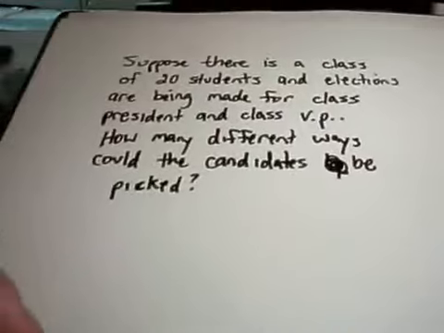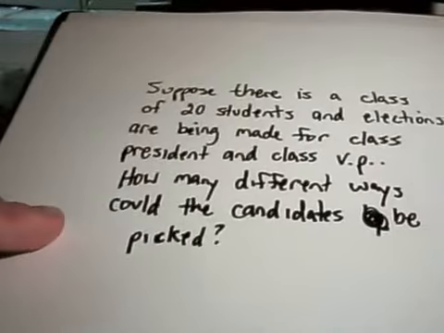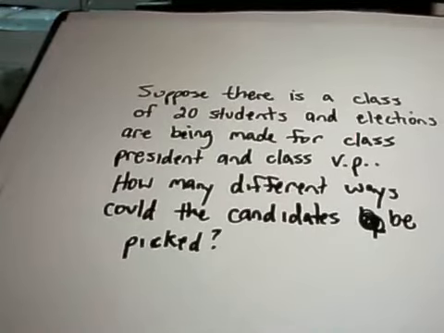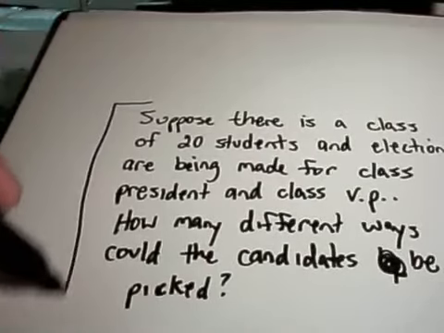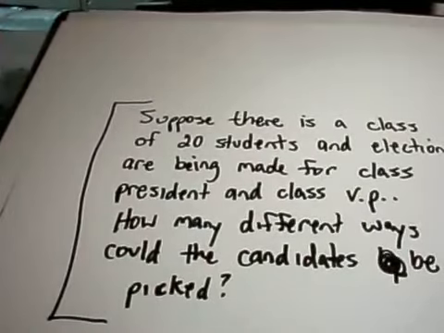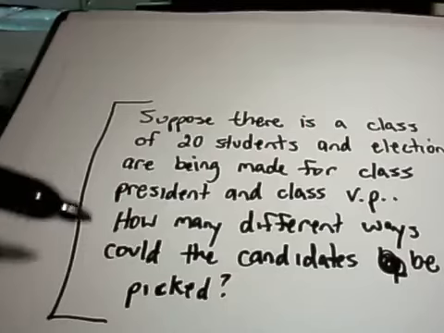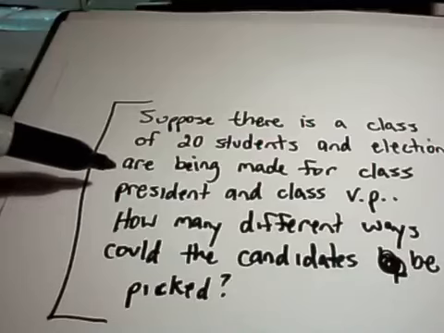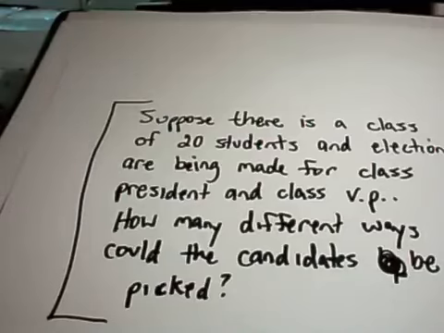Okay, so in this problem it says suppose that there are 20 students and we're going to pick somebody for president and for vice president of our class, and we want to know how many different ways we could have a ticket with a different president and vice president. Again, here we're sampling without replacement, because if you get picked for president you can't also be vice president.